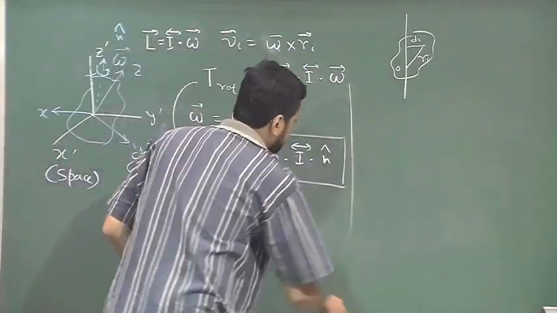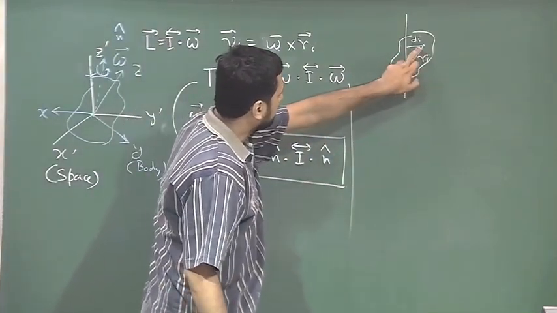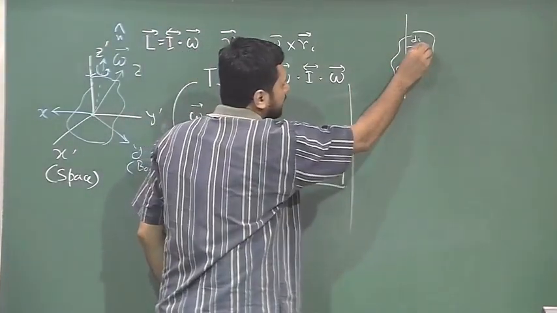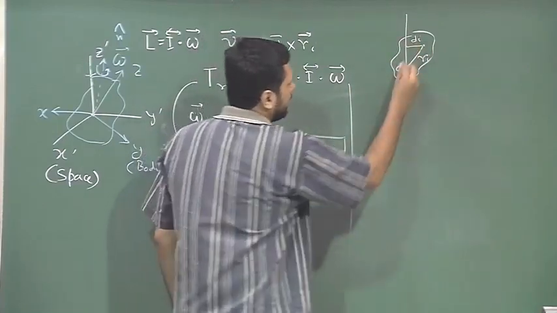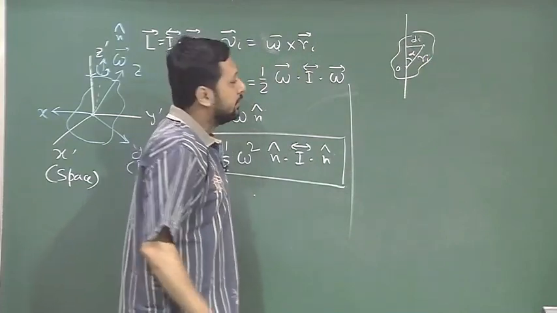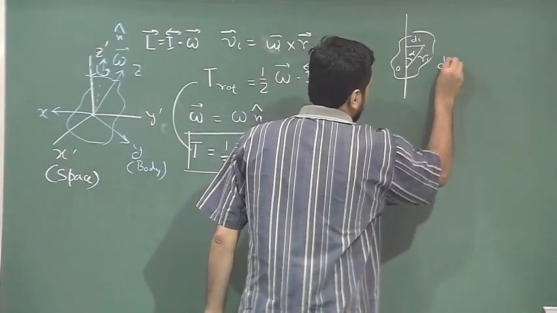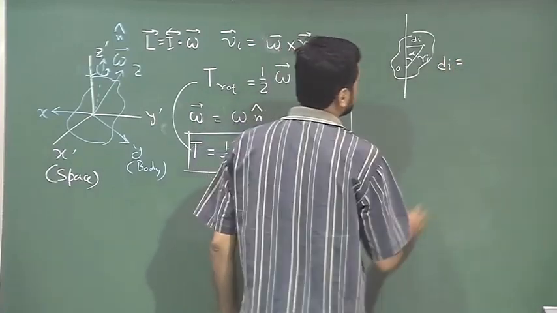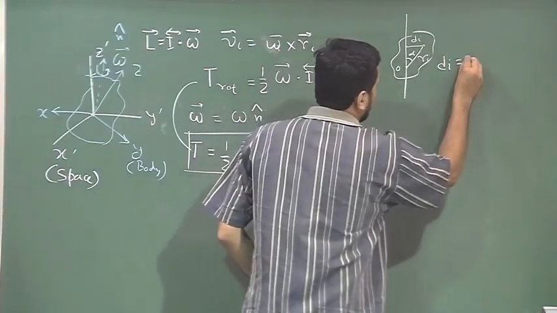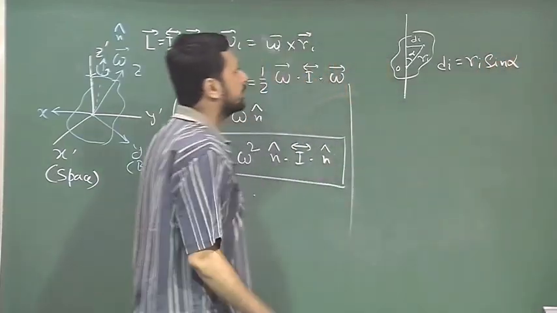See, d_i is the perpendicular distance between this and this, and if this angle is some angle alpha, then we see from this diagram that d_i is equal to r_i sin alpha, right.